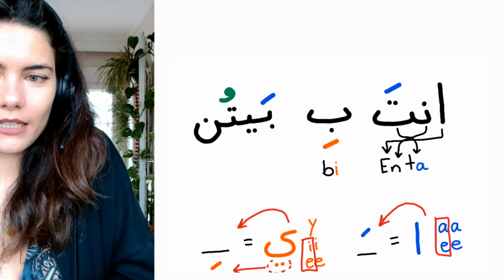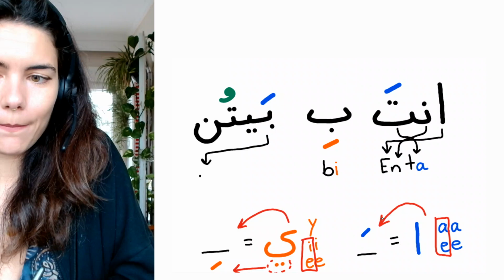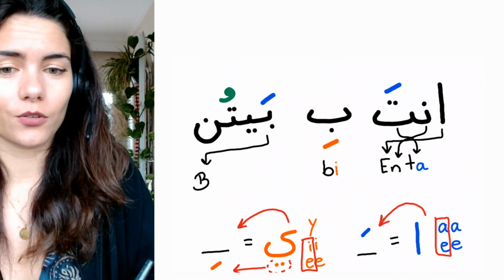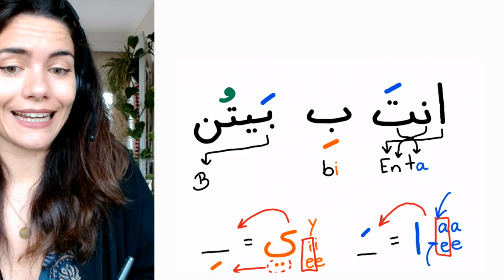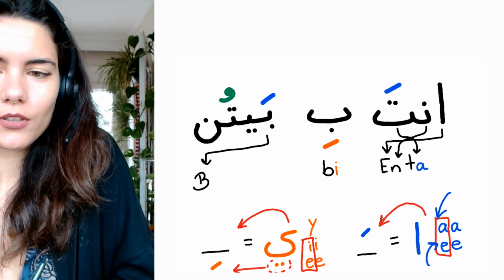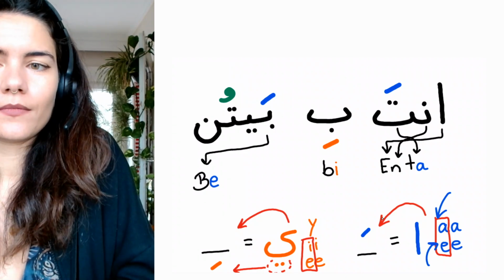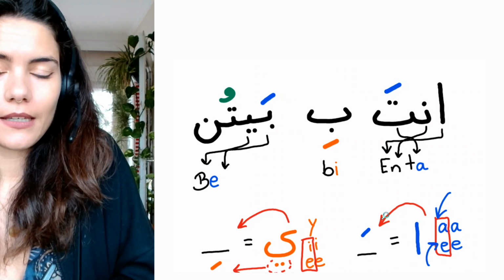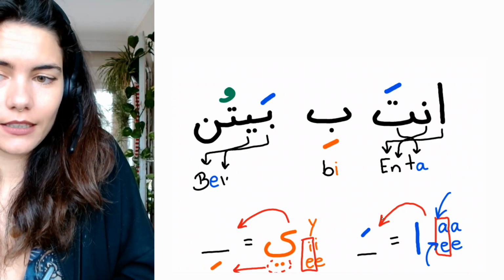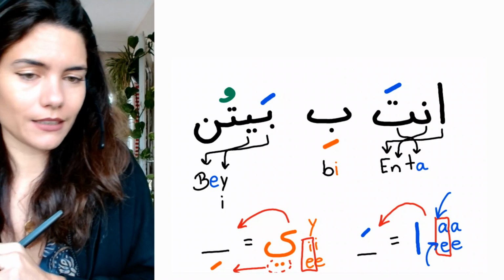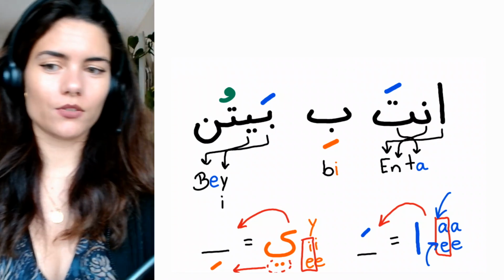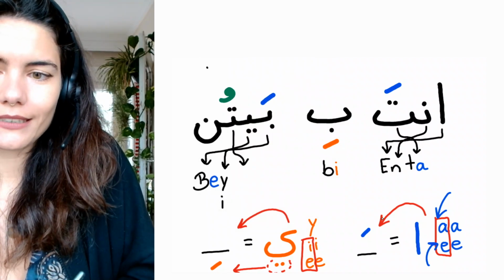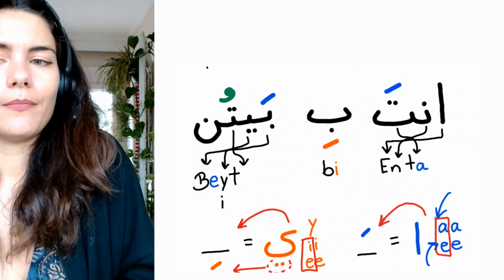And finally, we have the letter b topped by a fatha that could be pronounced as an A or as an E. In this case, I'm going to write it as an E. It is followed by a long vowel E that we may write either like this, or you could also write it as a single E so that there are not too many vowels together, followed by the consonant T. Bait.